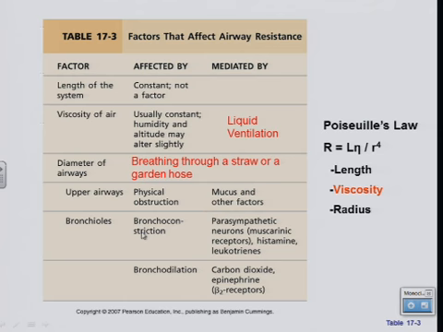As well, if we go further down in the respiratory tree where there is no cartilage, now we can have constriction and relaxation of the smooth muscle that surrounds the airways. And so we have bronchoconstriction, typically influenced by the parasympathetic neurons, and they can release histamine, leukotrienes, anything that's a bronchoconstrictor.